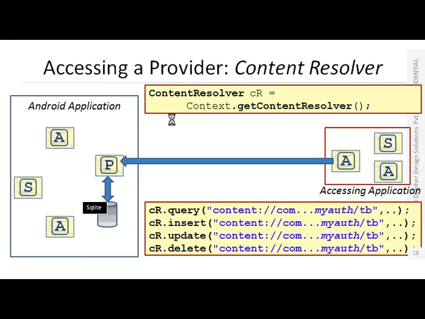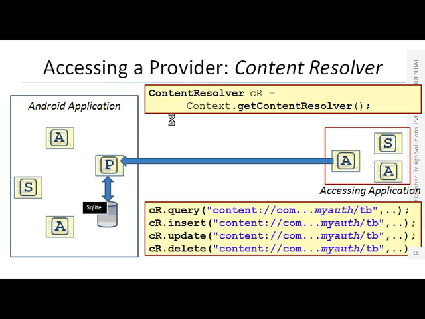So suppose you are writing your SMS sending application. What will you do? Because how will you send the SMS? By using the contacts of your phone book, right. But your phone book already has some data of your friends.